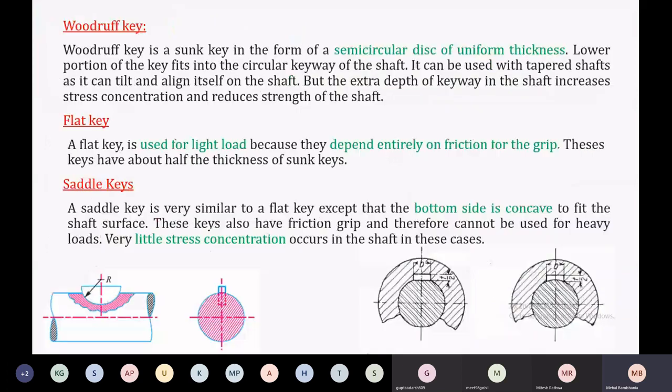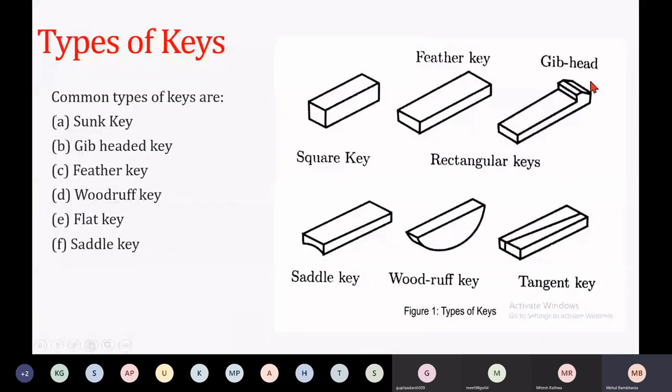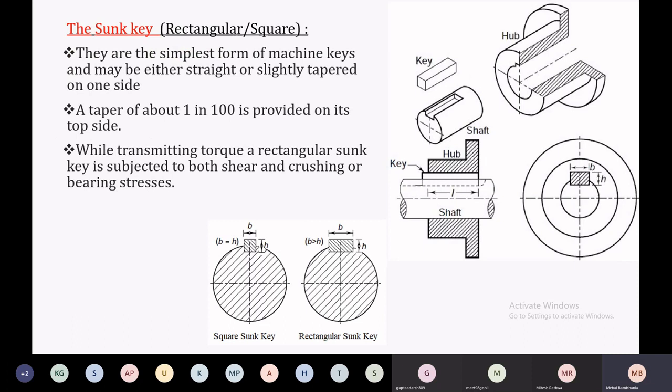Now, so far we have seen many types of keys with different applications, and based on the application we can choose any kind of key. But generally the first one, the sunk key, that is the rectangle or square type of sunk key, is widely used in industry, in the application of transmitting power through a shaft to a gear or sprocket or any other part, right?